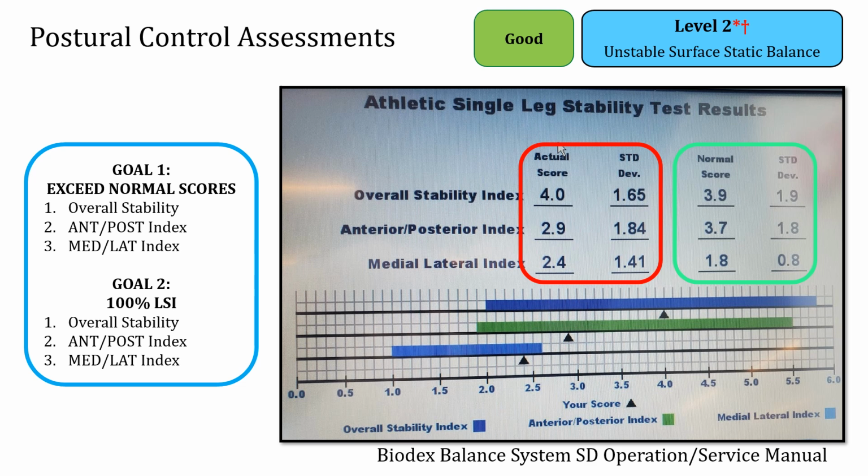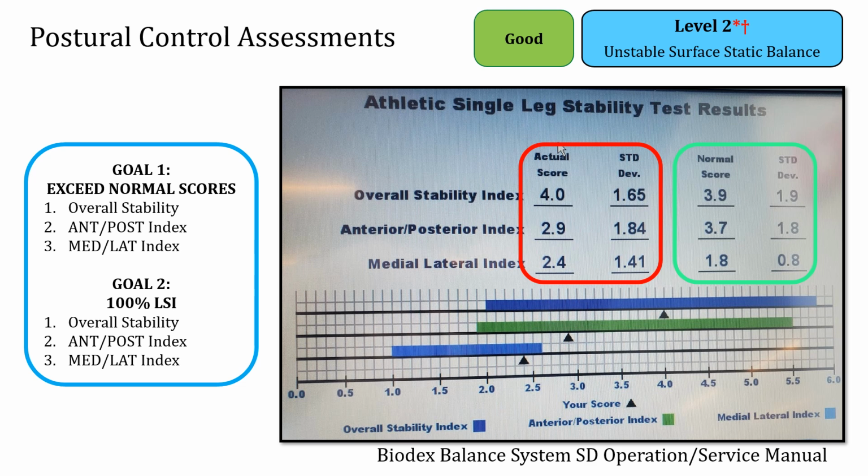And then it gives you a visualization, which is helpful for communication and interpretation of the results to your patient, where the upper bar in blue is your overall index, and then you have the anterior, posterior, and the medial, lateral, and the bandwidth of what would be the normative range and where they stack up as indicated by the small triangle.